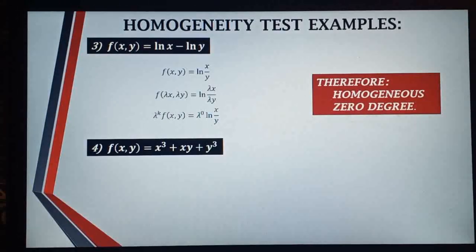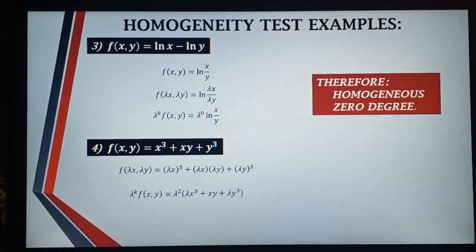Another example is a function of x and y equals x cubed plus xy plus y cubed. Substituting lambda x and lambda y, you will have lambda x cubed plus lambda x multiplied by lambda y plus lambda y cubed. Then simplifying the equation, you will now have lambda squared.